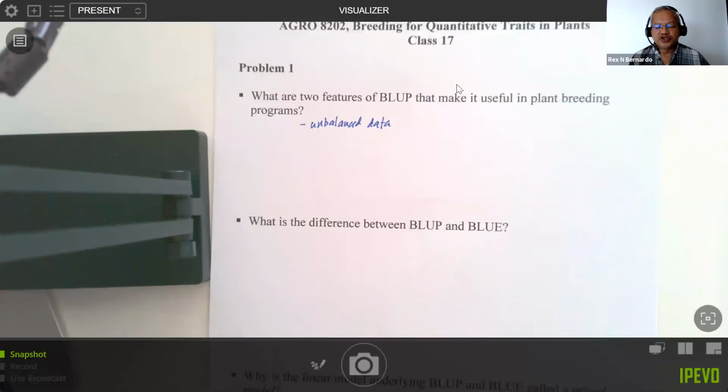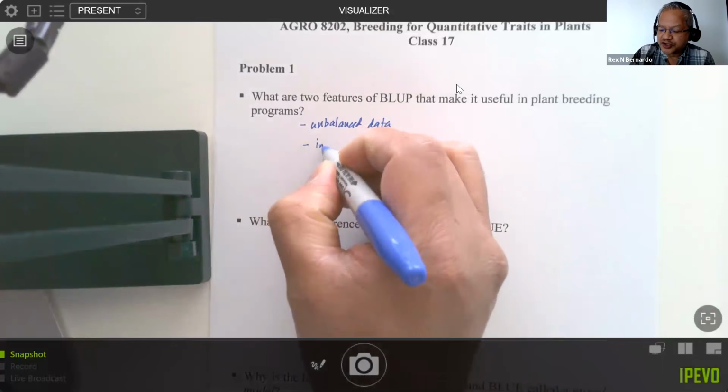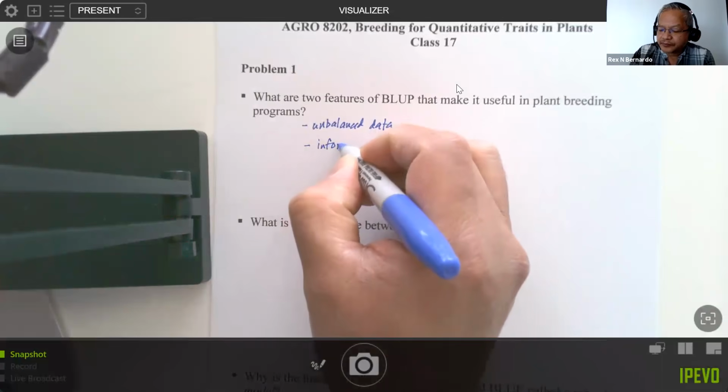However, a natural feature in breeding is that the superior candidates are kept for further evaluation and new candidates are evaluated. And when you look at the totality of the phenotypic data available in a breeding program, the data are very highly unbalanced.